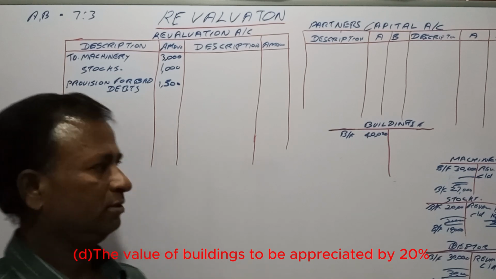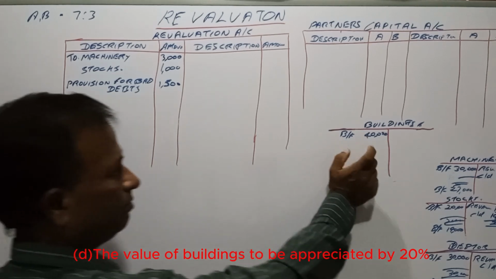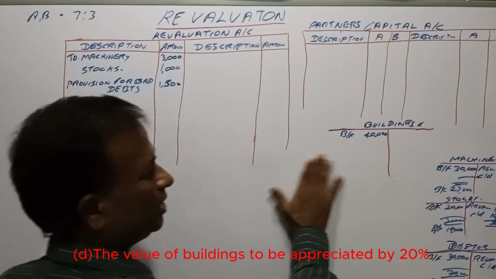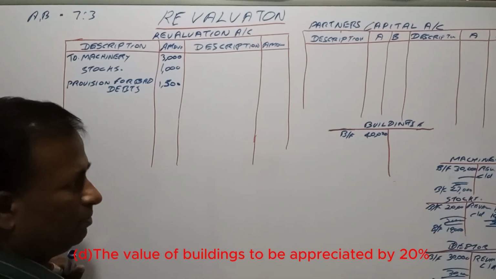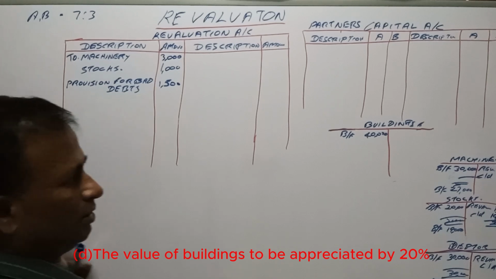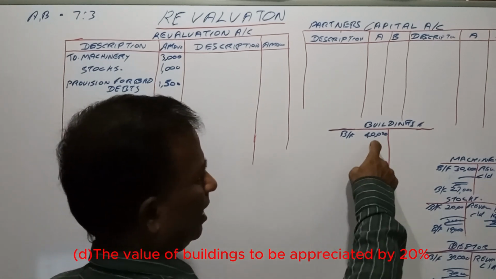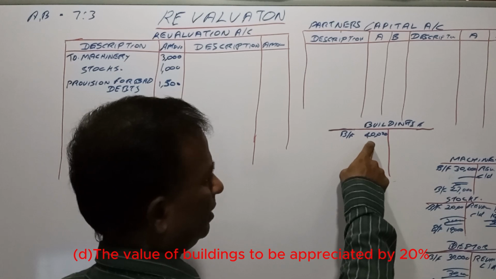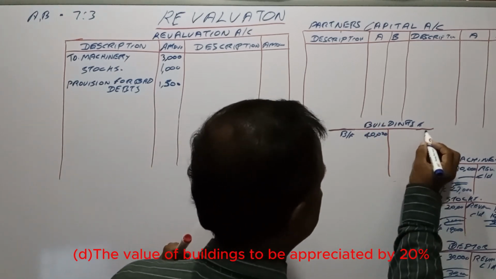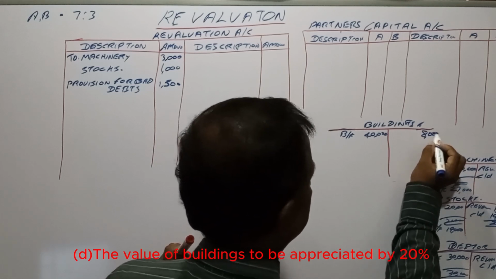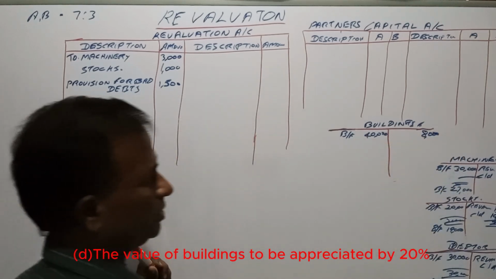Here they say building is appreciated by 20%. 20% in the sense it is appreciated by 8,000. 10% is 4,000, 20% is 8,000.